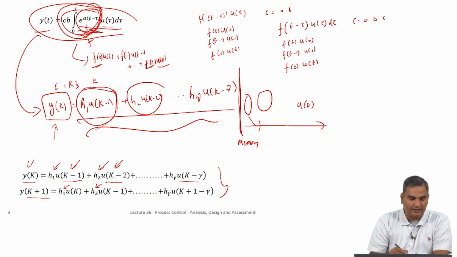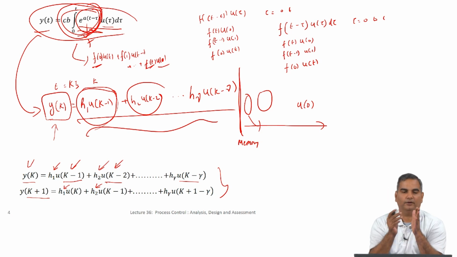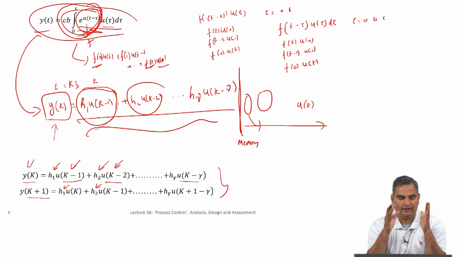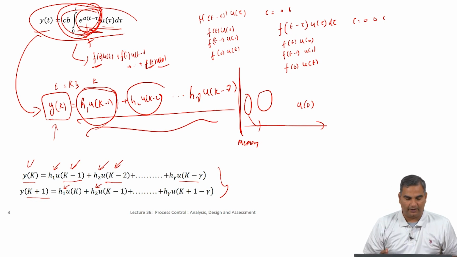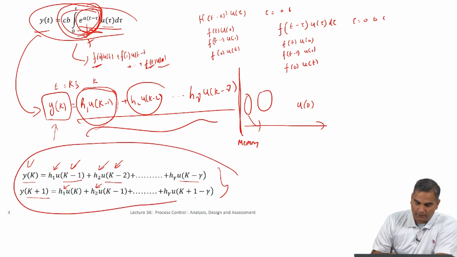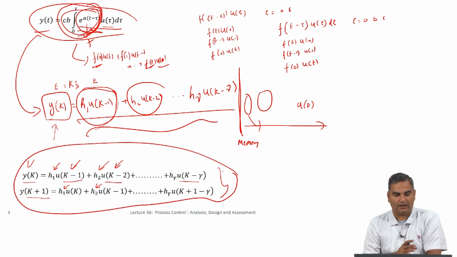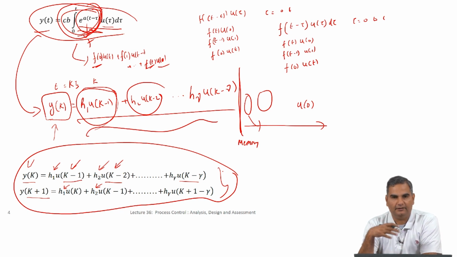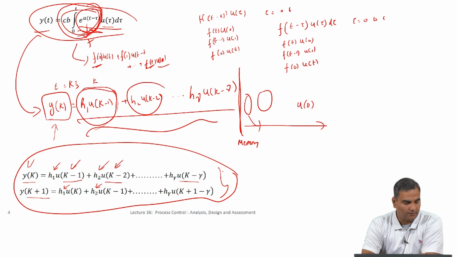So, everything is consistent except that the counter keeps increasing. So, at every point, if I am here, I have to weight all the inputs till here. If I am here, I move this also by 1. So, that is what is happening here. Now, you see that you have a model between output and the inputs in the past. So, this is the critical model that we were looking for to complete this idea of model predictive control.